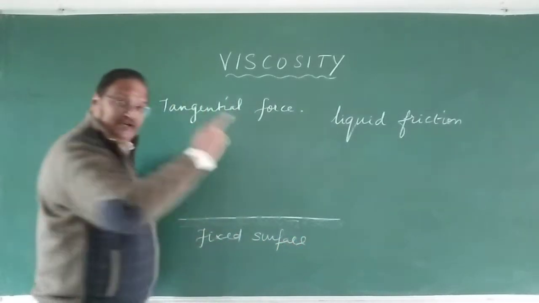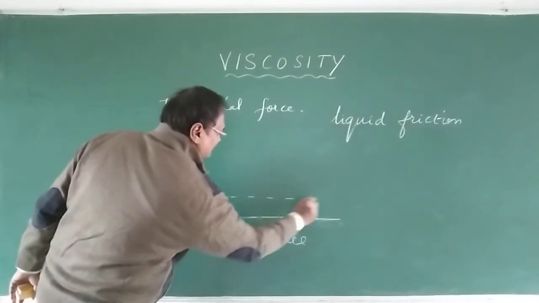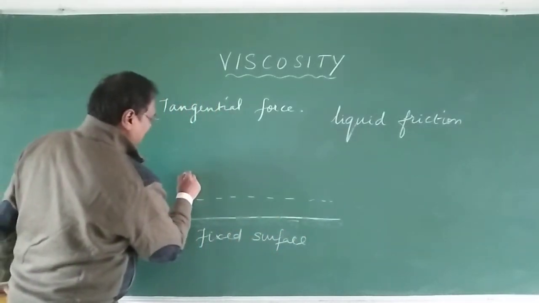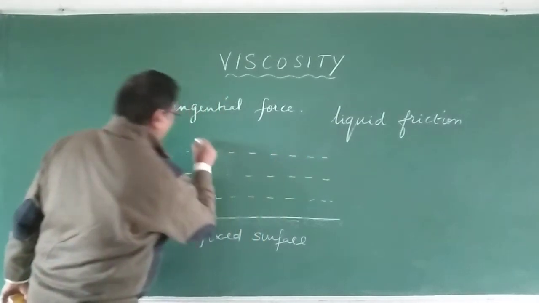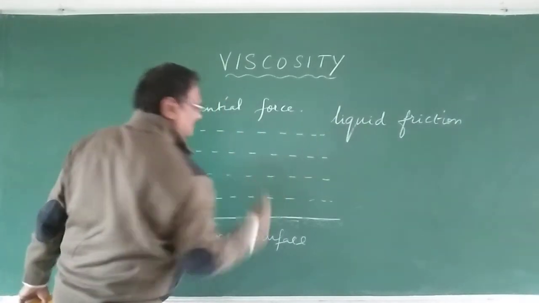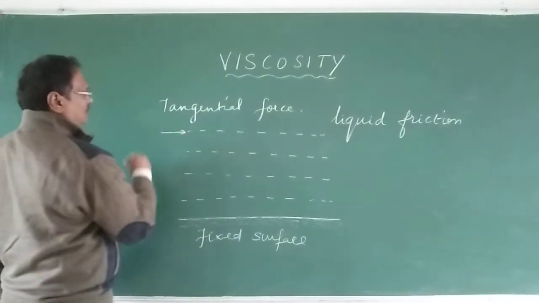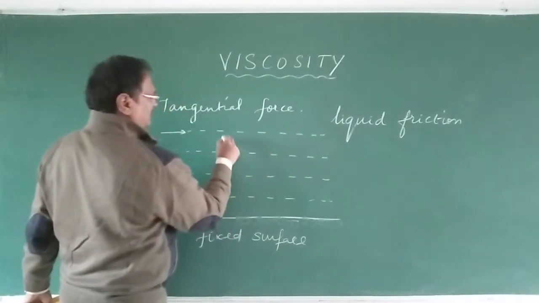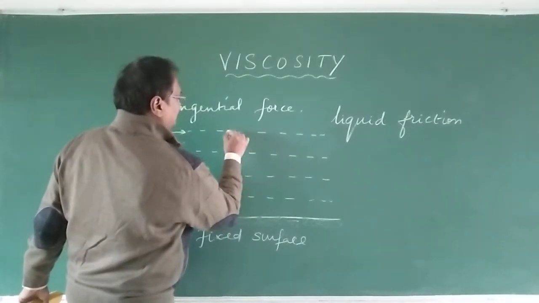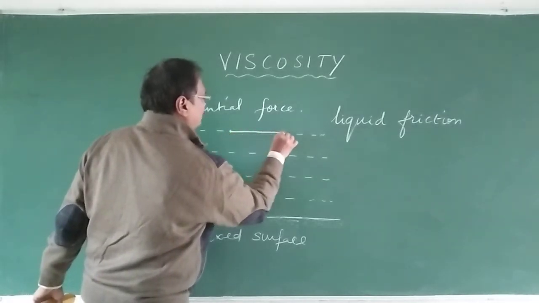And I make a liquid, and I'll draw it like layers. Like these layers, okay? Now, when I apply a force, this layer will move. Let us say the first layer is moving.